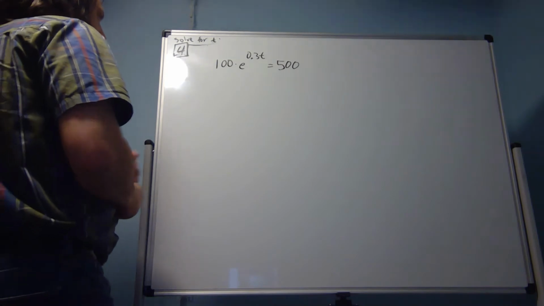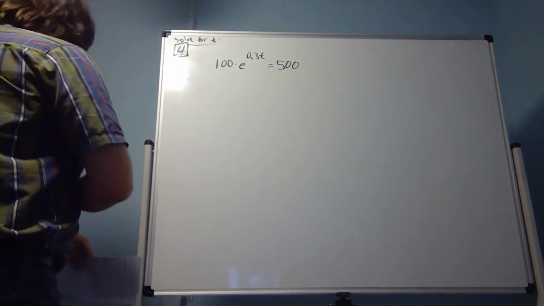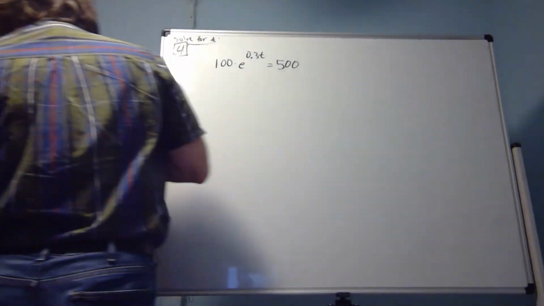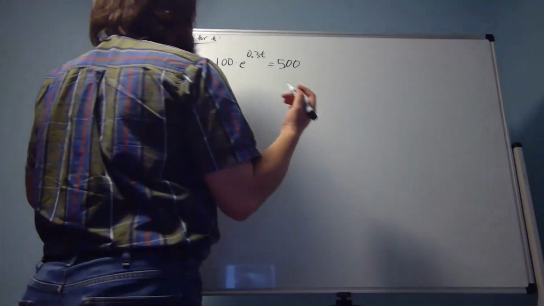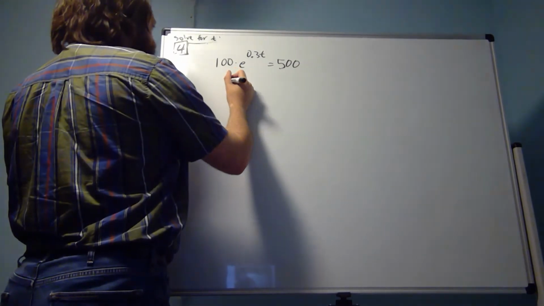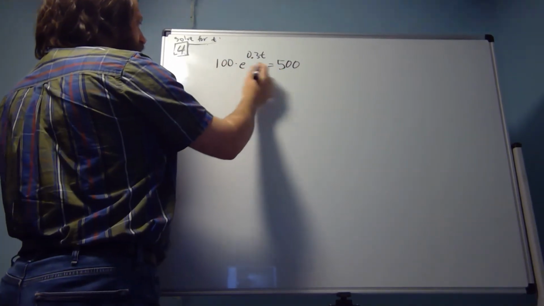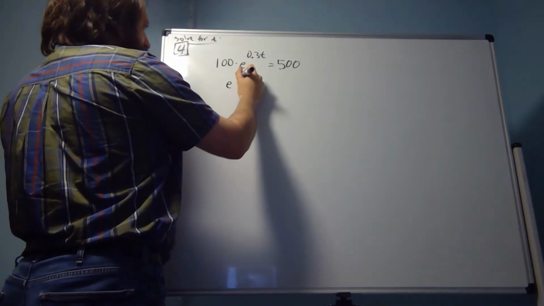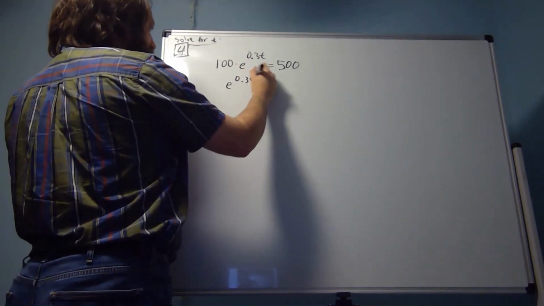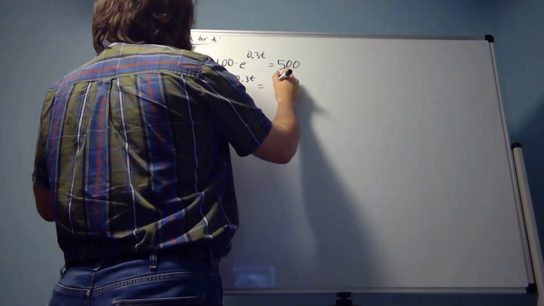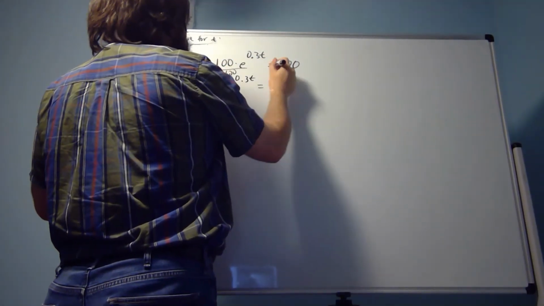How long does it take to turn 100 of something into 500 of something if you've got exponential growth? That's pretty typical. And again, you could take logarithms of both sides and then use the log identities, but there's no reason that you have to do that. The most reasonable thing would probably be to just divide by 100 as your very first step.